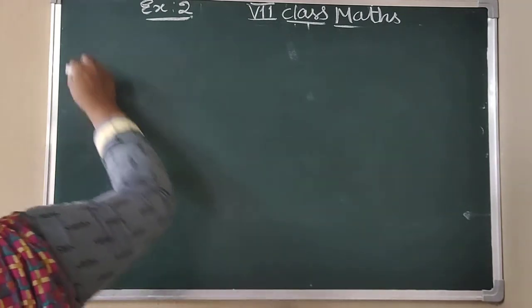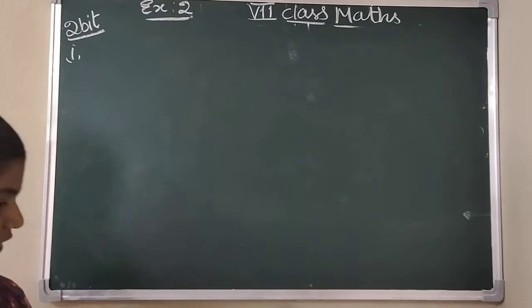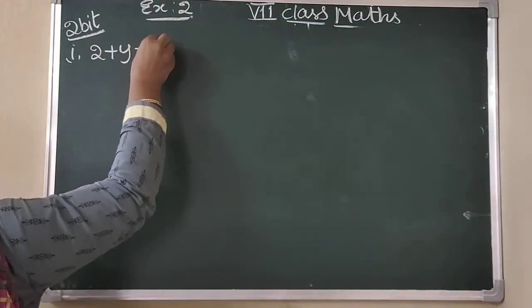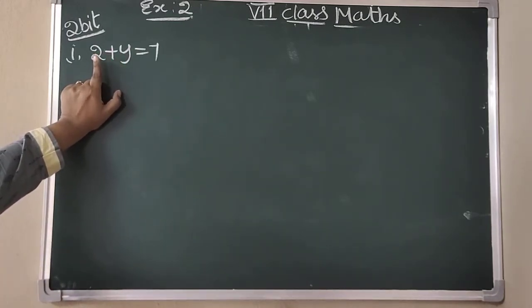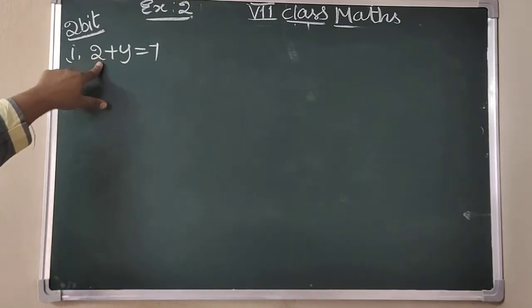So here, second bit. The first one is 2 plus y is equal to 7. We have to find this y value. For finding this y value, no number should be linked with this y. So we have to transpose this plus 2 to the other side.